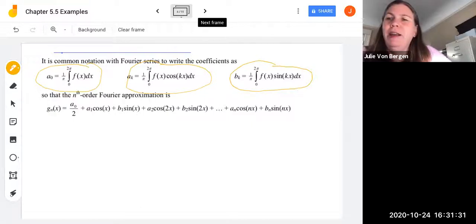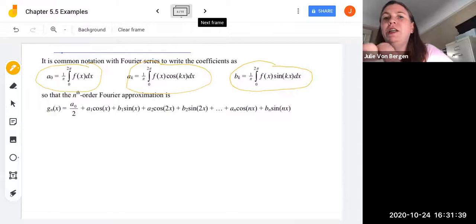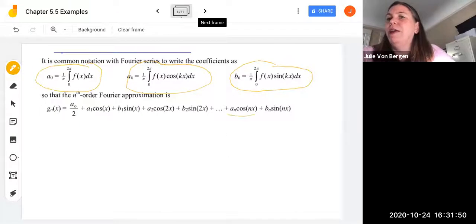You've seen already how we can use it to model functions with periodic functions. So the nth order Fourier approximation here, we call it G sub n of x, is going to be a naught over 2 plus a1 cos x plus b1 sine x, and so on until you end up over here with an cos nx plus bn sine nx.